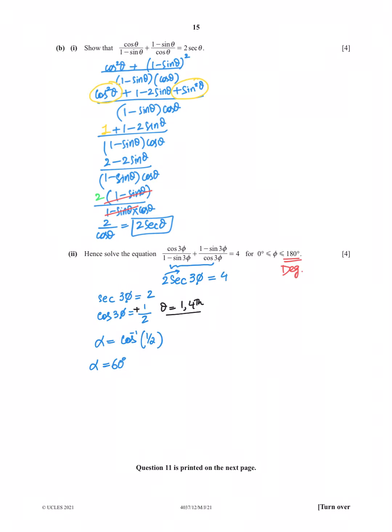Alright, but the range will be changed, because when you have psi only, the interval is from 0 to 180, but when you have 3 psi, you need to multiply the lowest and the highest value. So the lowest will be the same, but the highest is 180 times 3, and that equals 540. So that is your interval.